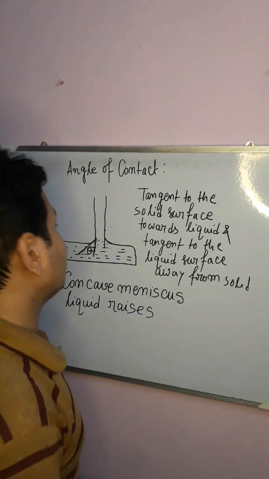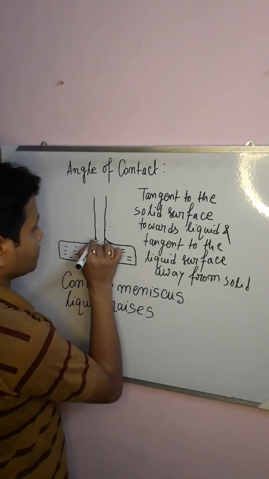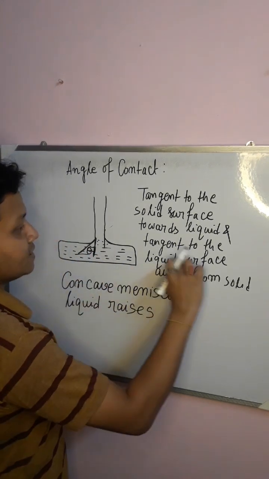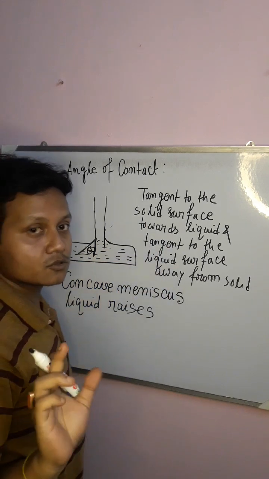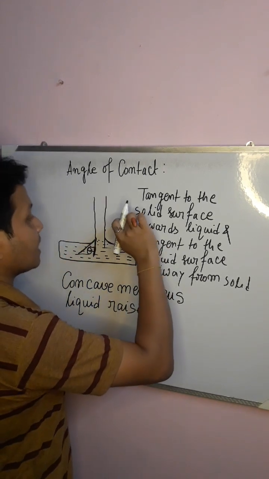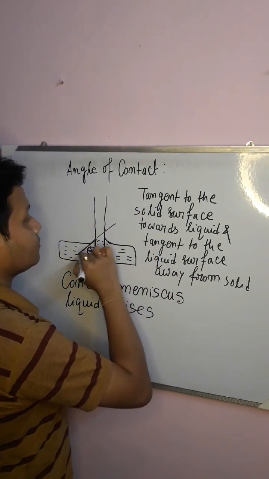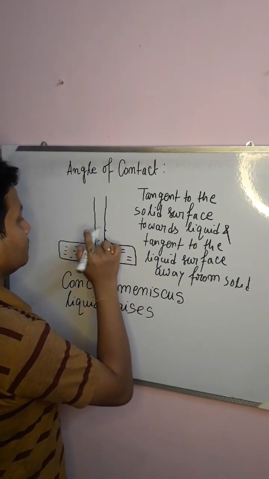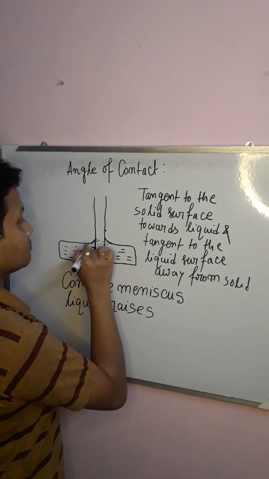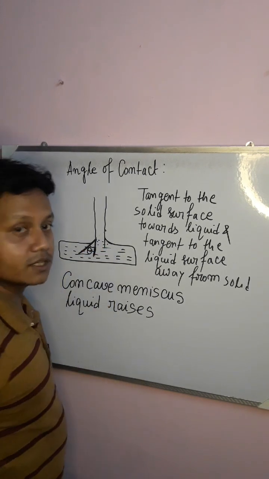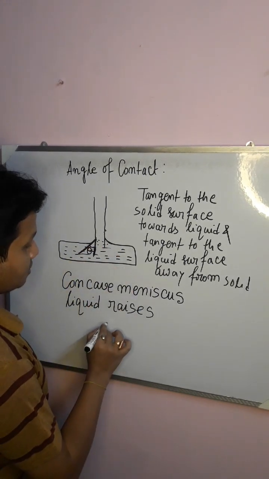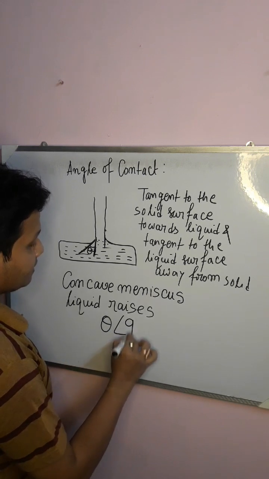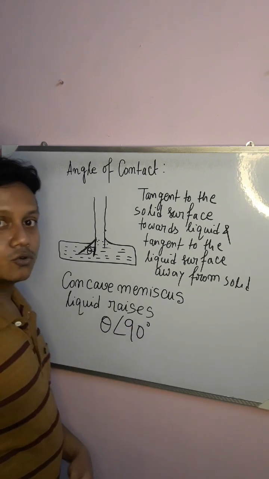Tangent to the solid surface towards the liquid, this is fine, and tangent to the liquid surface away from the solid. If we take this line, it passes through the solid, so it cannot be considered and we have to remove it. This line only passes away from the solid, so this is the angle of contact, and you see in this case theta is less than 90 degrees.